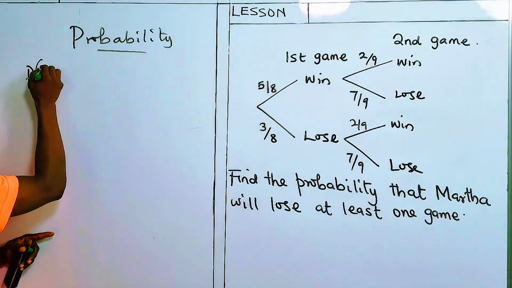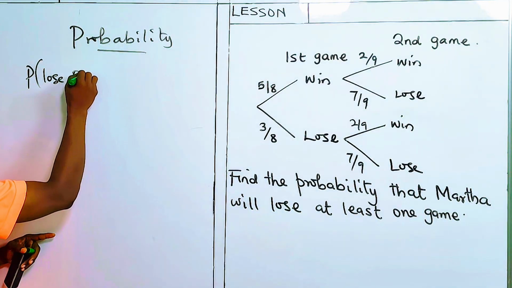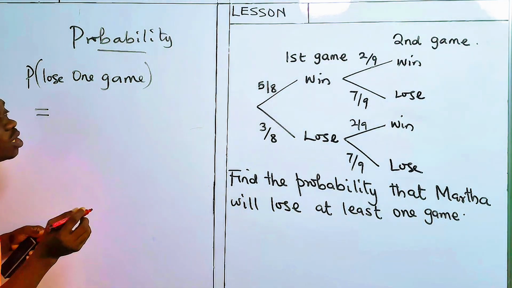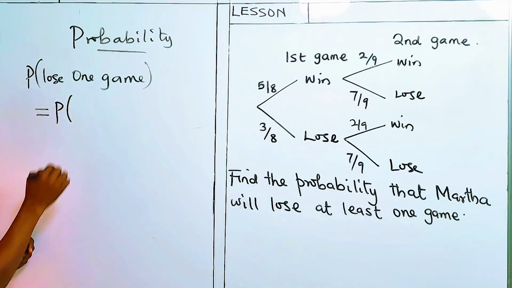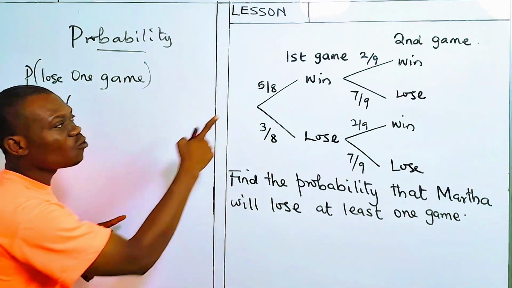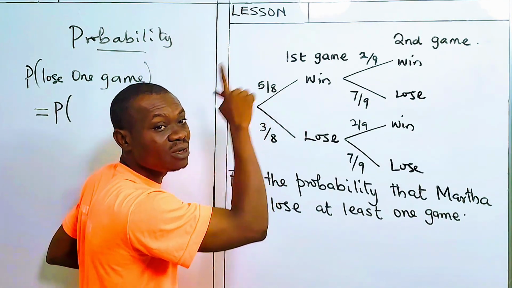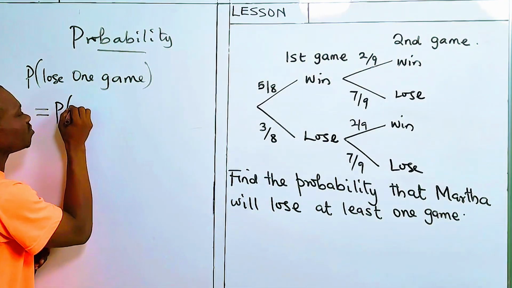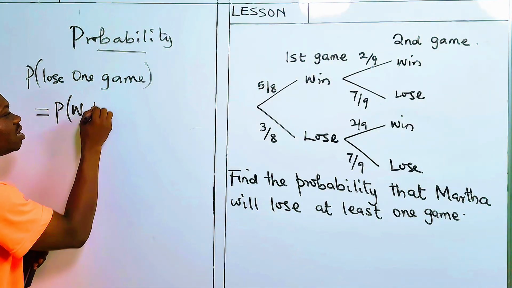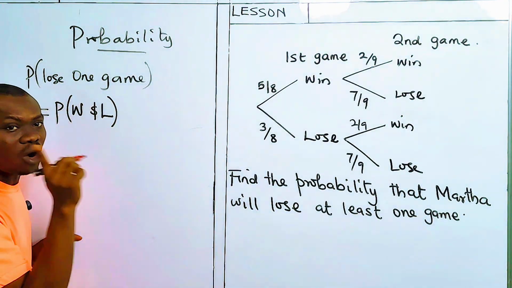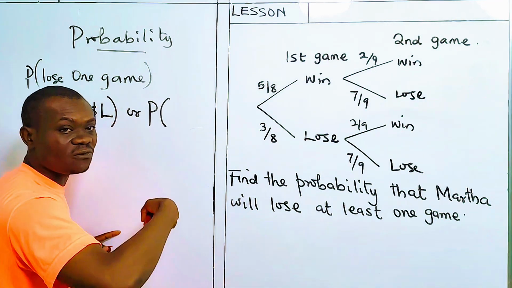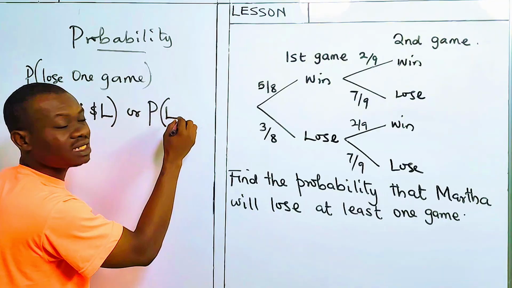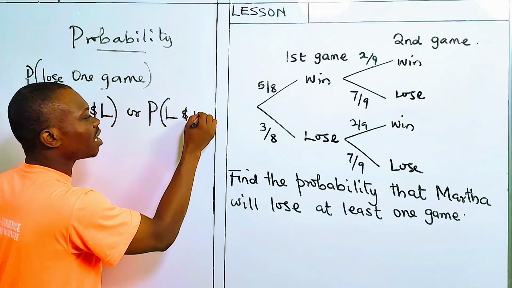The probability to lose one game is going to be equal to the probability of either winning the first and losing the second, that's win and lose, or the probability of losing the first and winning the second.